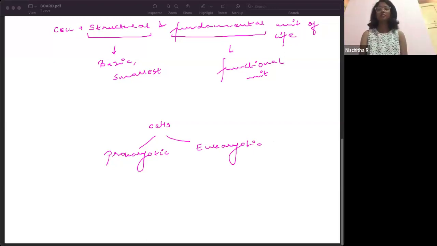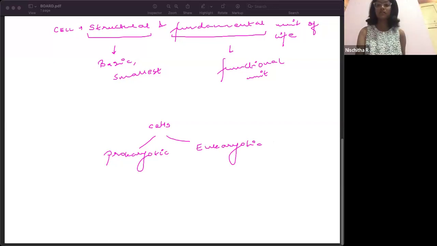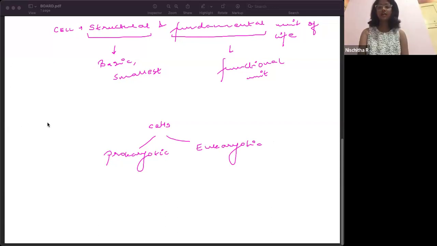Prokaryotic means it's nothing but a primitive cell. It is not so developed. It does not have much of the cell organelles which is included in the eukaryotic. It can be seen in blue green algae, and it was mostly present in the early times.